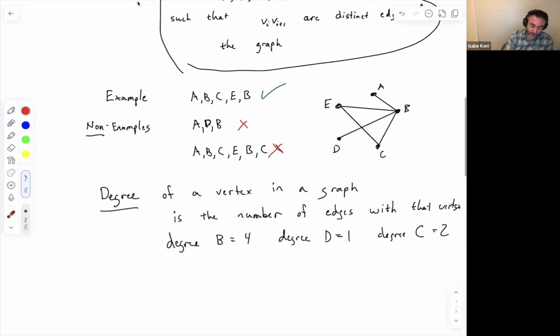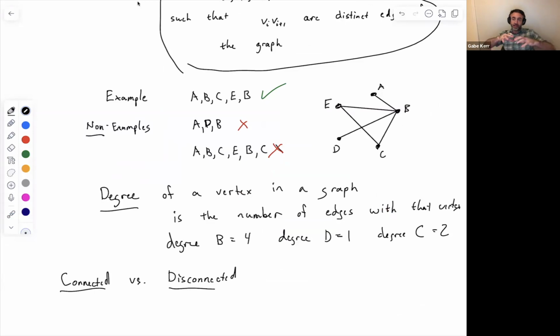Returning to paths, there's a notion of connectedness. So we can also talk about connected versus disconnected graphs. Connected means that you can't take the graph and pull it apart without sort of breaking it. And the rigorous way you can say that is if I have any two vertices in my graph, there's some path that connects them.